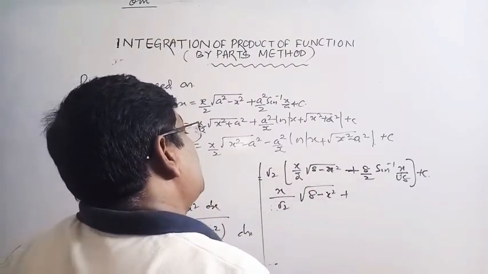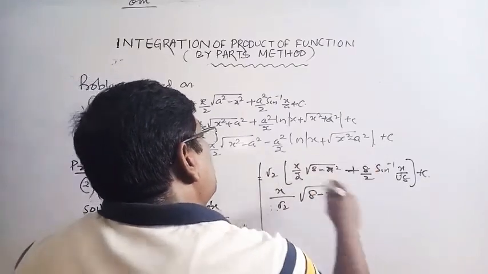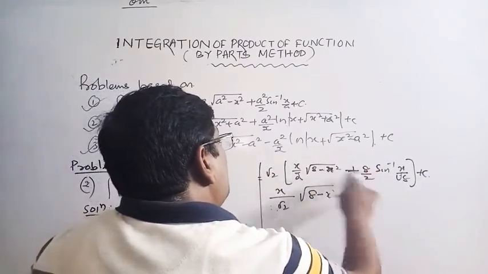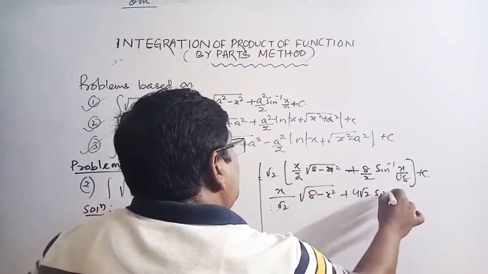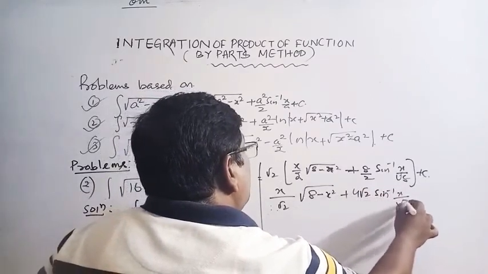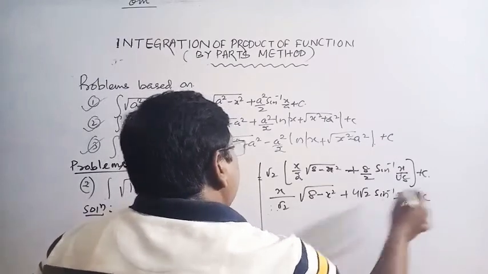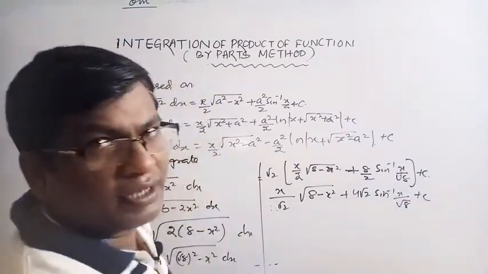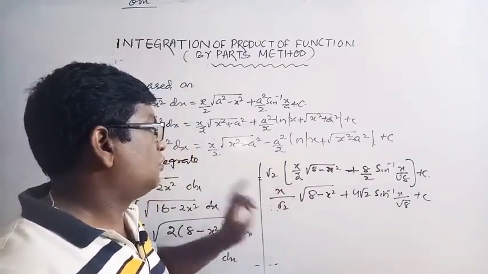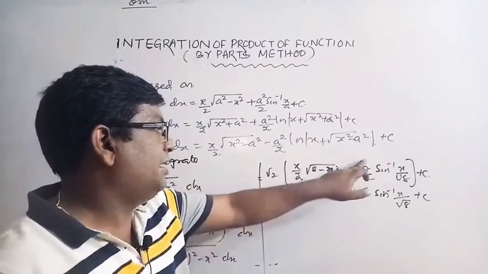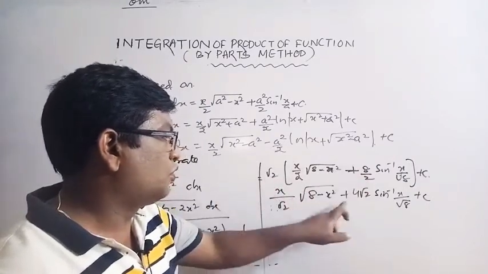So 8 by 2 cancels, 4 root 2 into sin inverse x by root 8 plus c. Clear? Okay, so root 2 by 2 means root 2 remains same, and 8 by 4 means 4 into root 2.